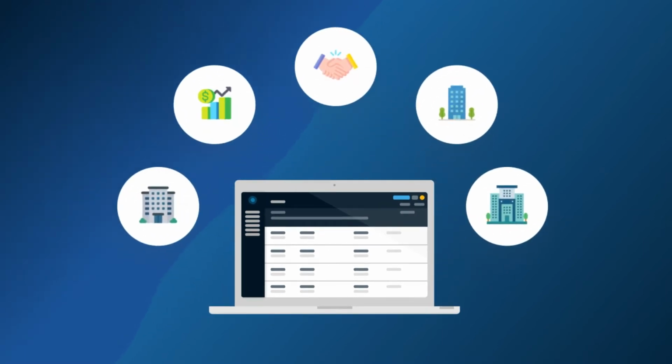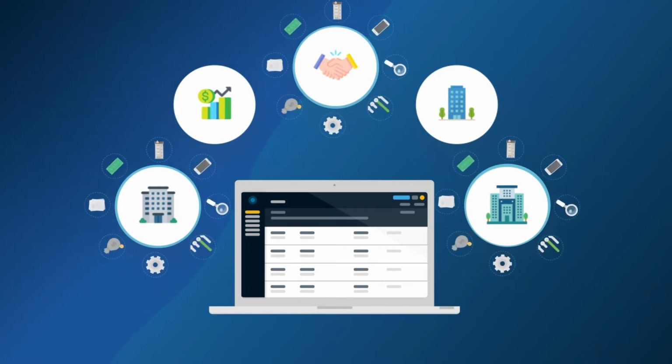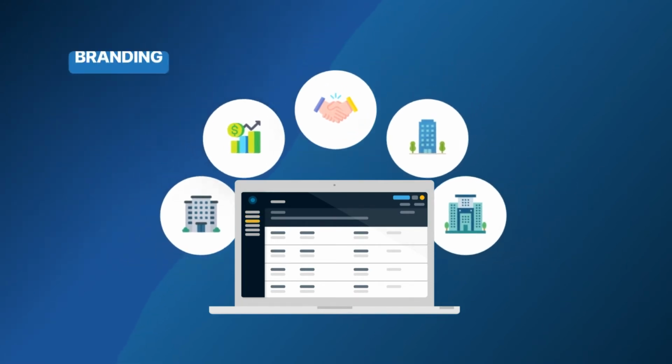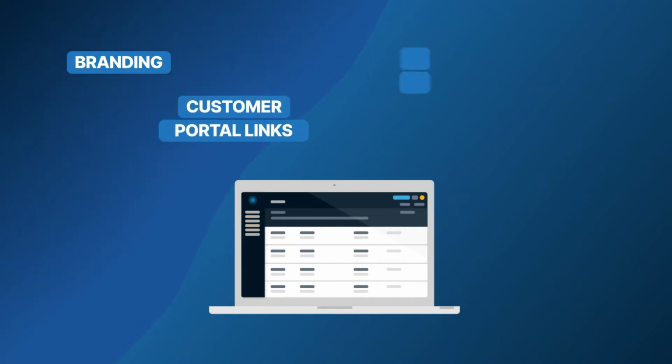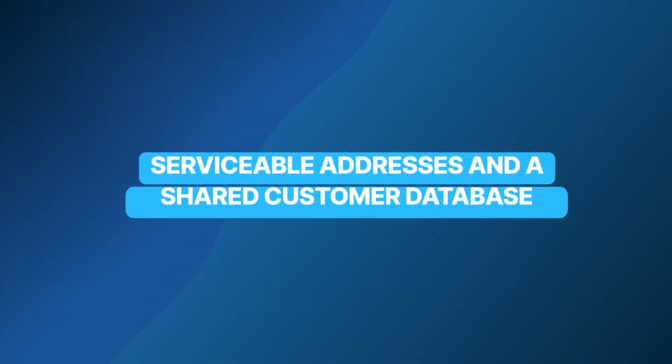These companies are what will let you take full advantage of the multi-tenancy features of your instance, and each distinct entry provides its own customization options. Branding, customer portal links, general invoice configuration, and name information are all determined at this stage.